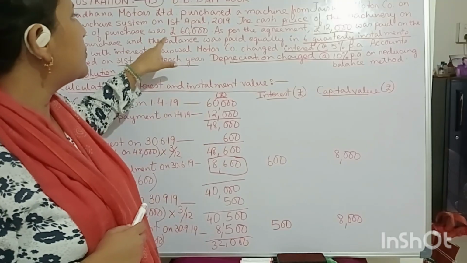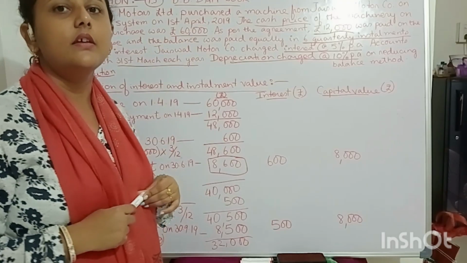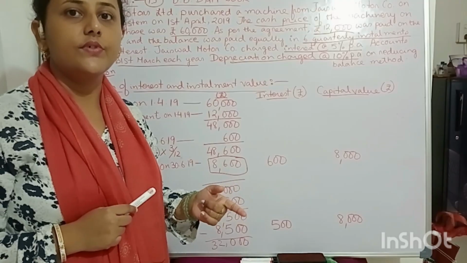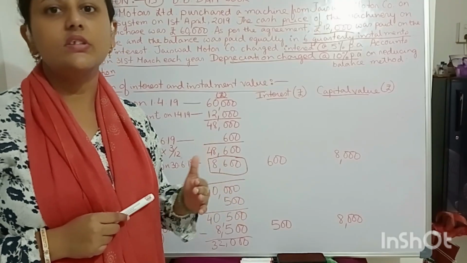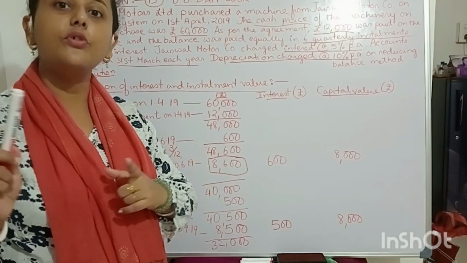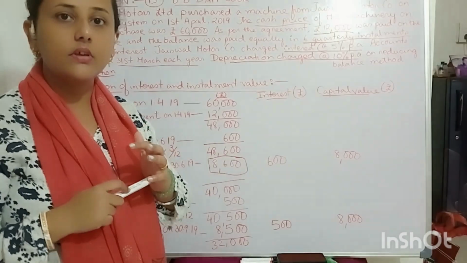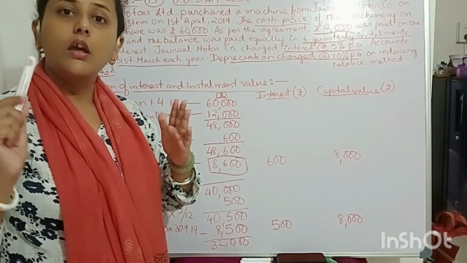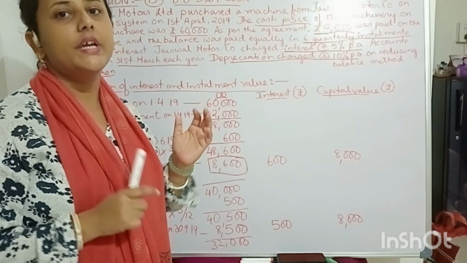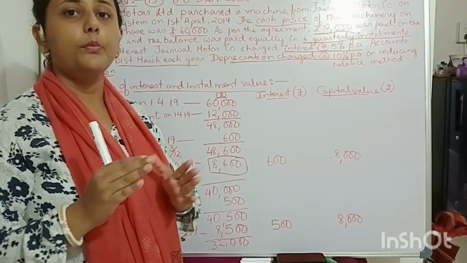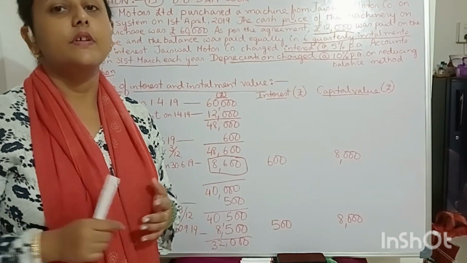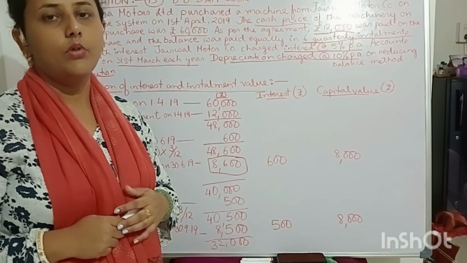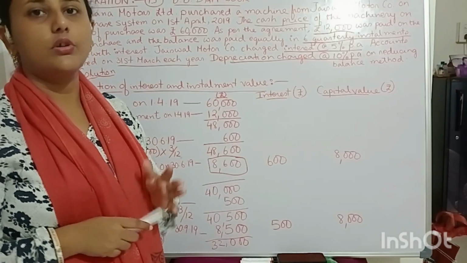The machinery was purchased in 2019. So till 31st March 2020, whatever the transactions are, like payment of interest 4 times, you will write by interest, by interest, by interest, and accordingly you have to put the dates also, when the payment of interest is done. So this you have to do by yourself.